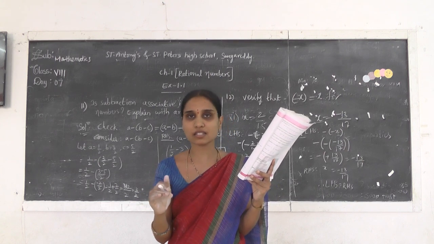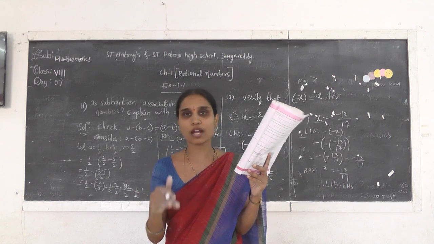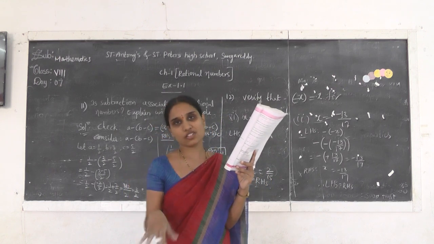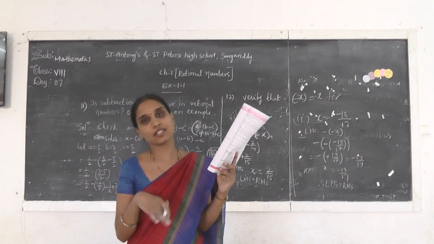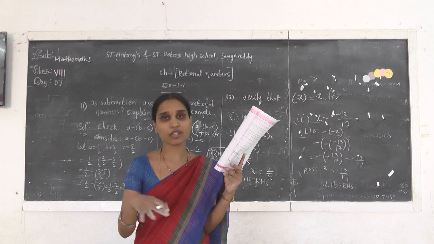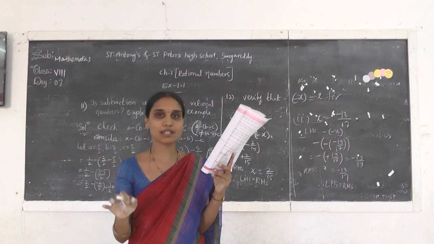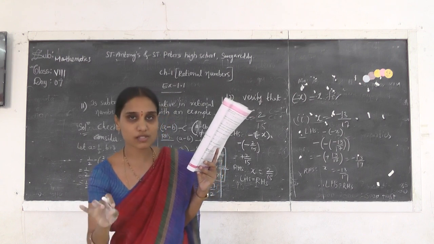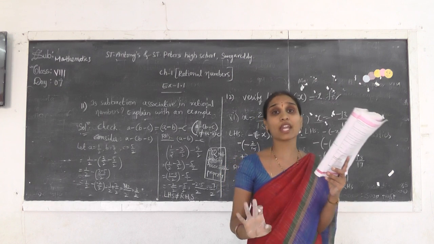Additive identity means 0 only. So in which set do we not have 0? That is the natural number set. If you observe, in the whole number set we have 0, in the integer set we have 0, in the rational number set we have 0, but in the natural number set we do not have 0. What is the answer to that question? Natural number set.